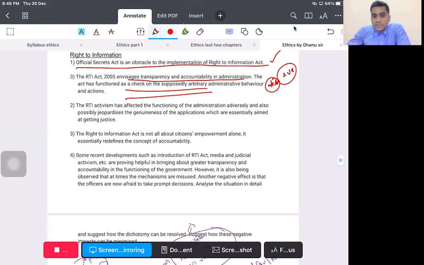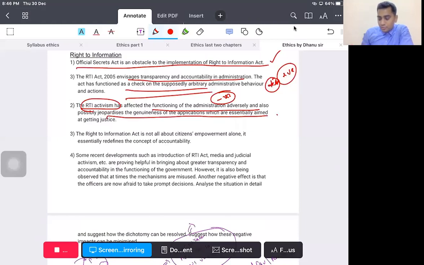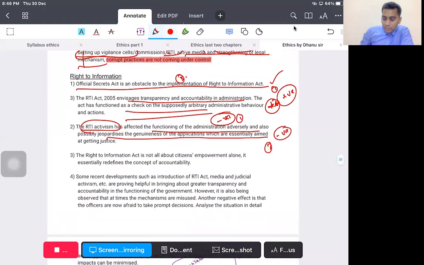RTI activism has affected the functioning of administration negatively, this is the negative aspect of RTI, right? And also it is jeopardizing the genuineness of the applications. People are misusing it. Again, this is one negative, this is the second negative, this is one positive, right? This is another negative that you have.